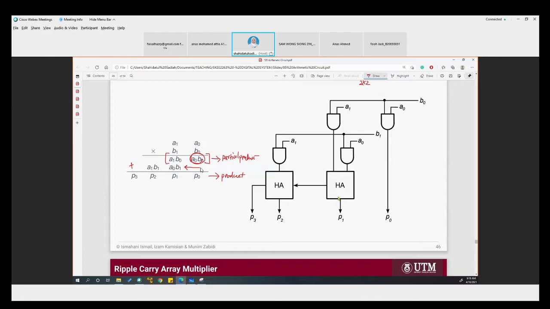There's one carry here, but there's no carry from here. So we don't need to use full adder here. There is no term here, there's only carry. So we can add carry and this term. Only two input, so we use half adder instead of full adder. Okay, so this is 2 by 2.